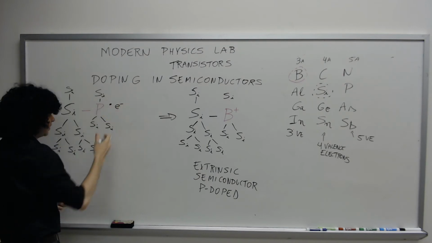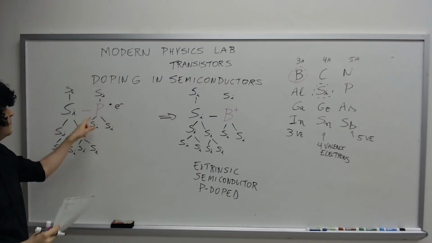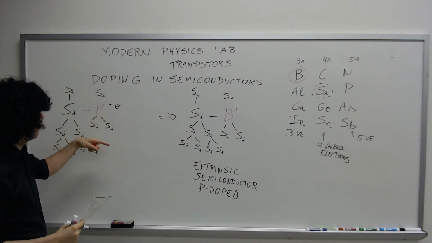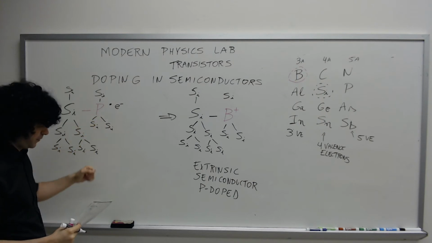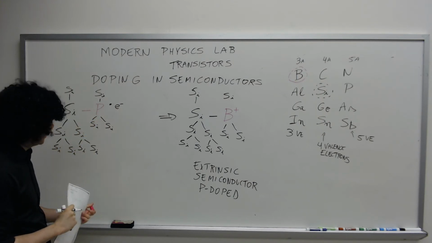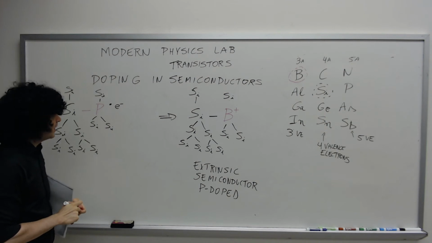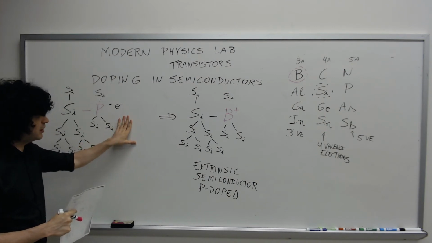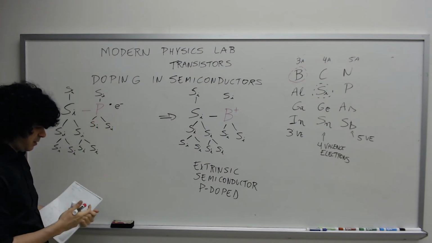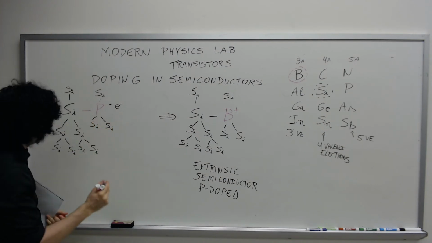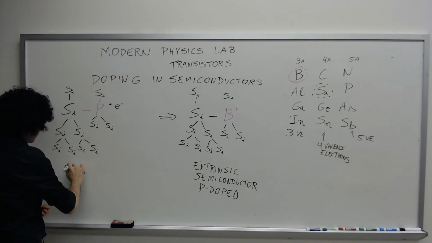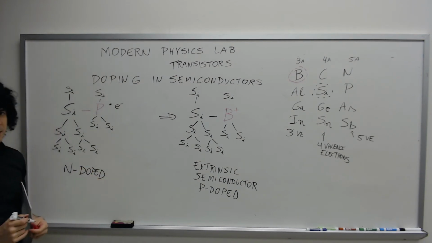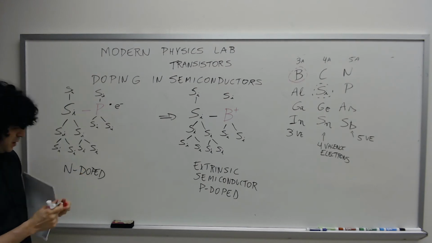It's not being shared among the other silicon atoms. Now the question is, where is this electron located in the bond structure? So for this n-doped, this negatively doped semiconductor, where is it located?